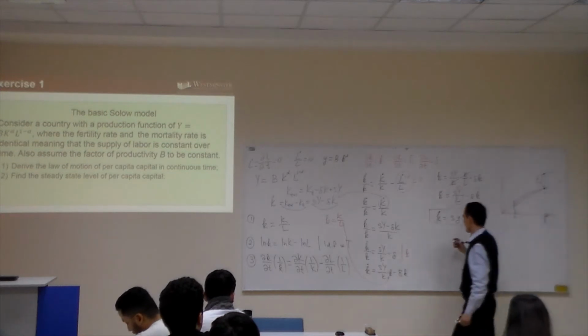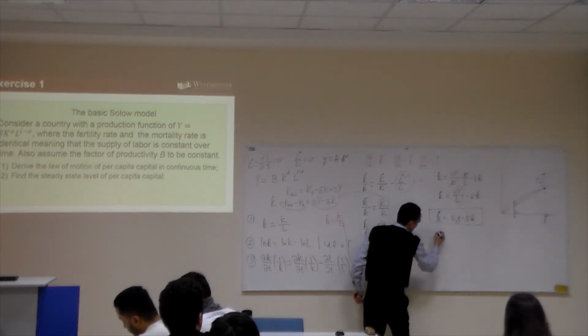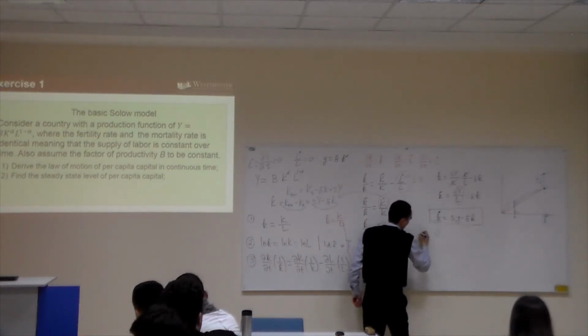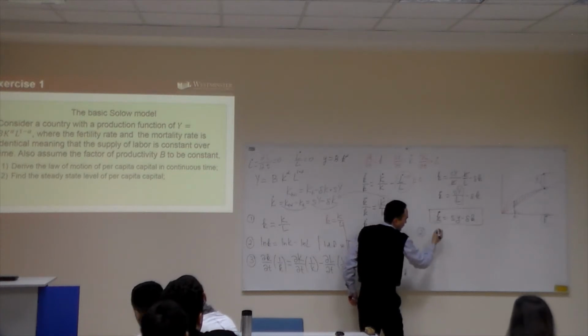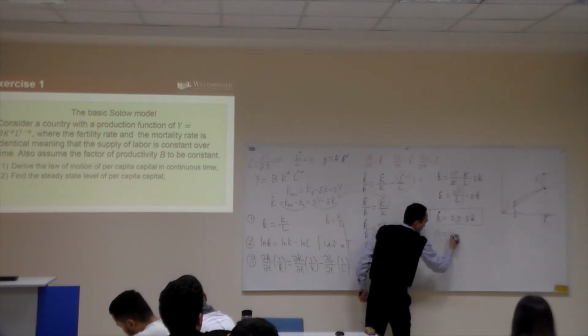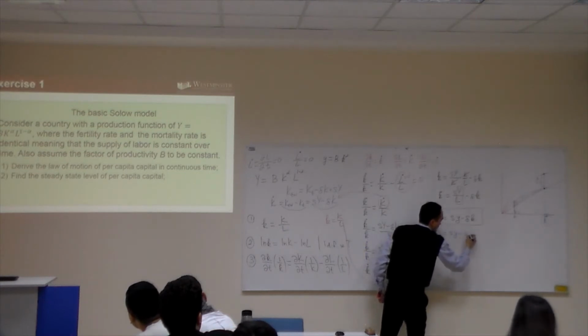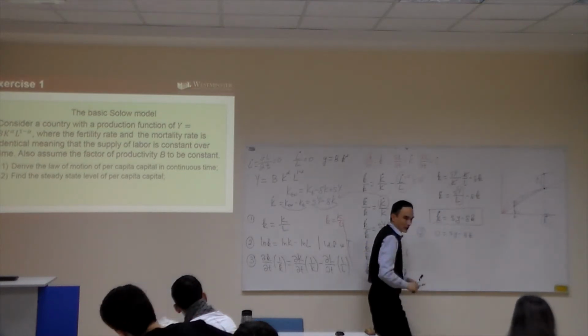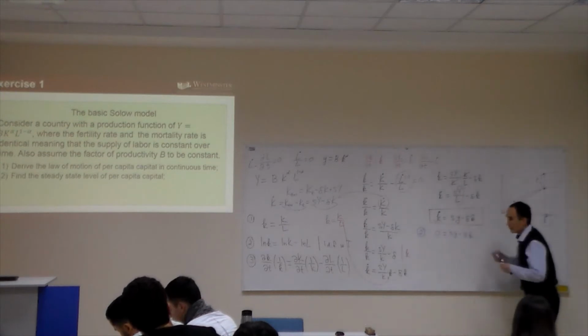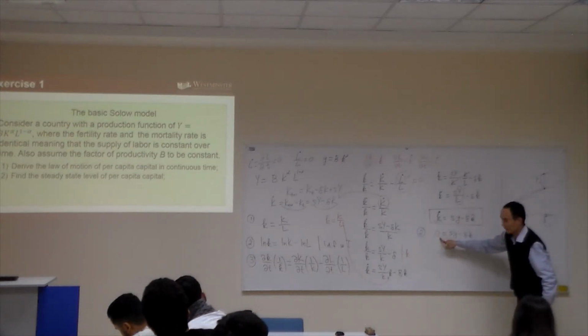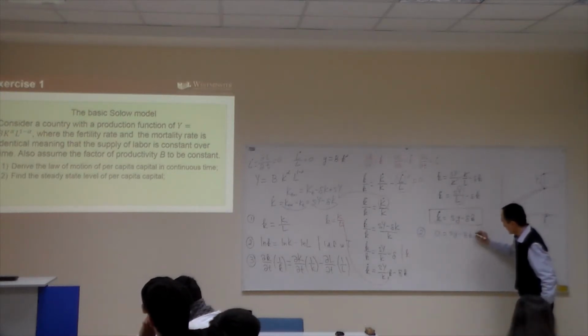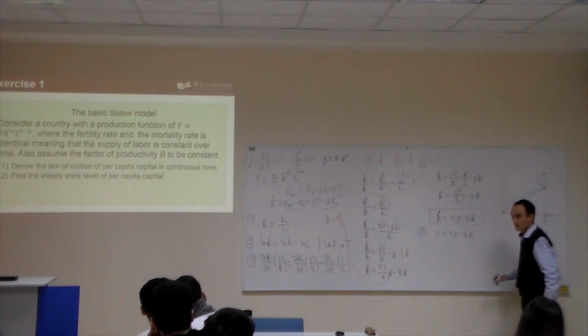This is an important point. So now we find steady state level. Number 2. So it's 0 equals investment minus depreciation times per capita capital. It will be 0 if per capita capital is in steady state level.